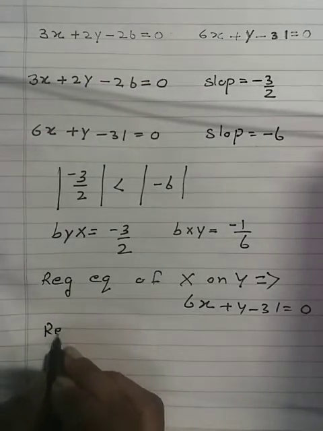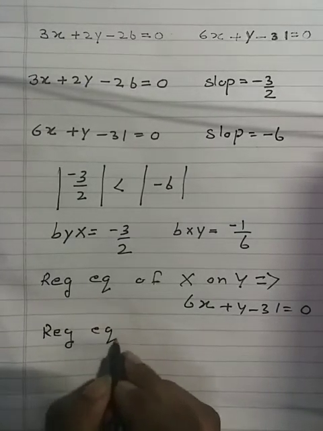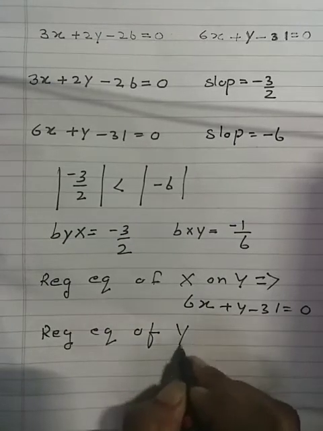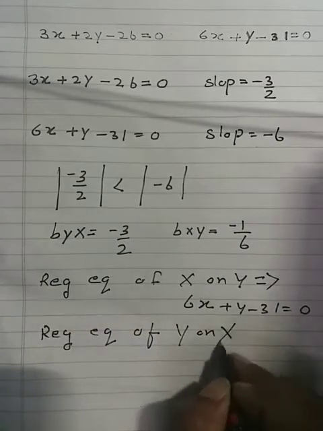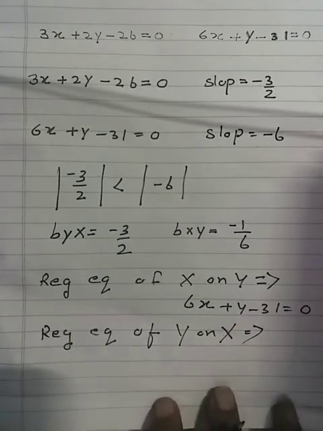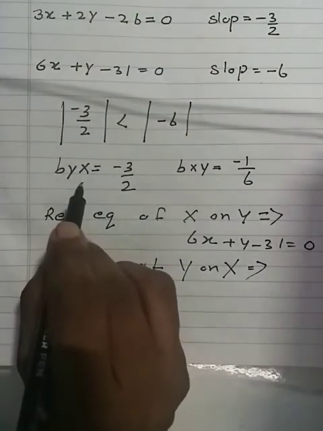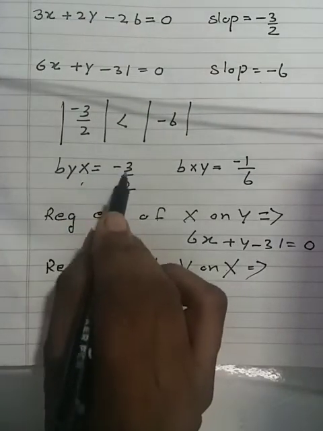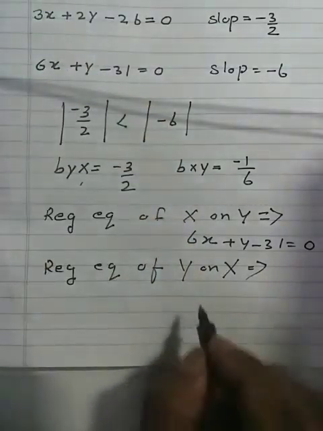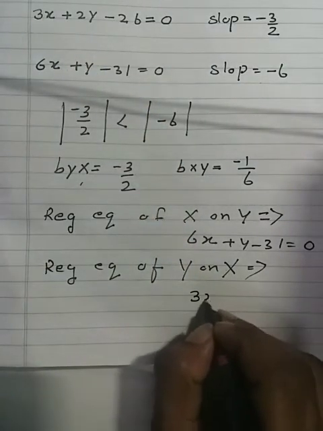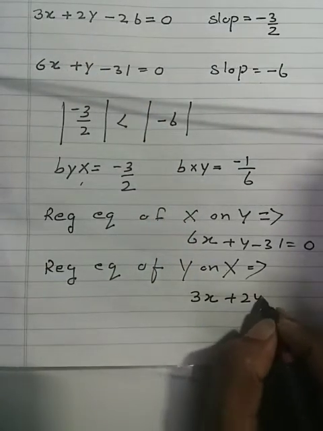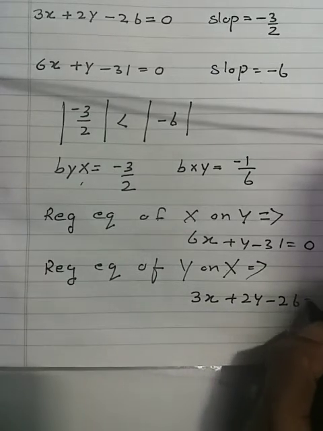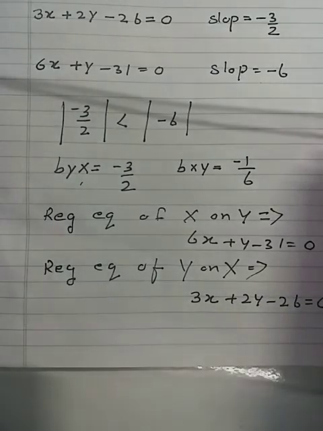Now the regression equation of y on x is the equation containing byx, the equation containing 3 and 2, that is the first equation: 3x plus 2y minus 26 equal to 0.